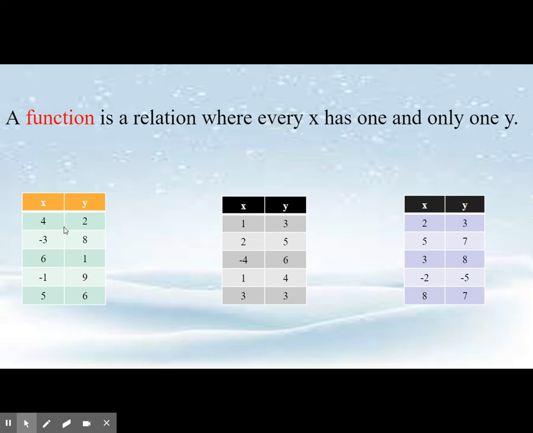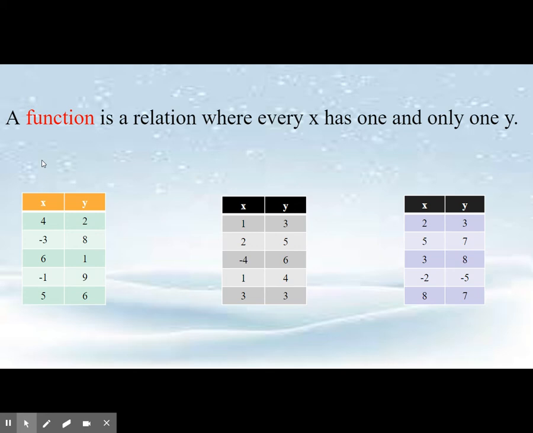So let's take a look and see in this table if that's true. 4 goes to 2, -3 goes to 8, 6 goes to 1, -1 goes to 9, 5 goes to 6. The easiest way to look at this, and this might be something you want to write down, take a note, because each x can only have one y, all you got to do is look and see the x's.